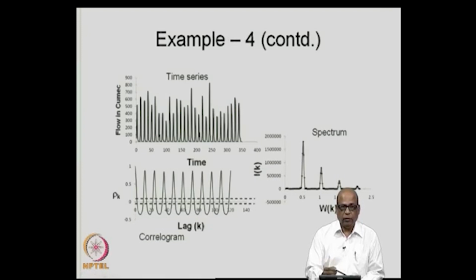We want to verify this and pinpoint exactly where the periodicities are present, and therefore, we convert this into the frequency domain and carry out the spectral analysis, plotting the line spectrum or the power spectrum, which brings out the spikes, and these spikes correspond to the periodicities. This one is a 12-month periodicity, this is 6 months, this is 4 months, and this is 3 months.